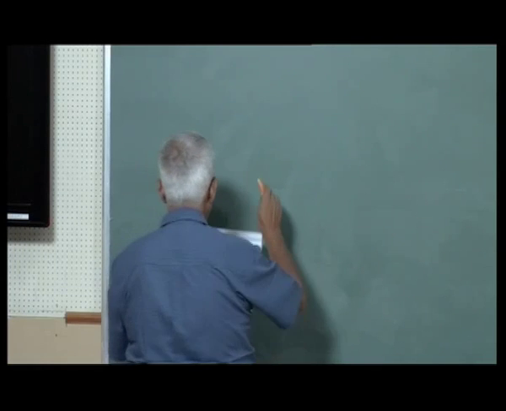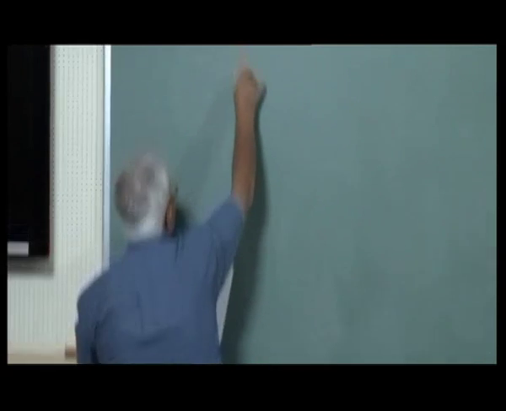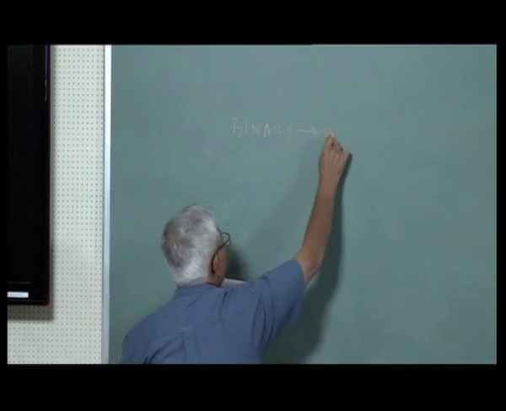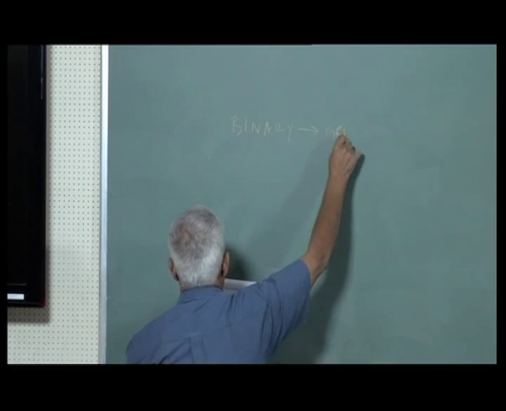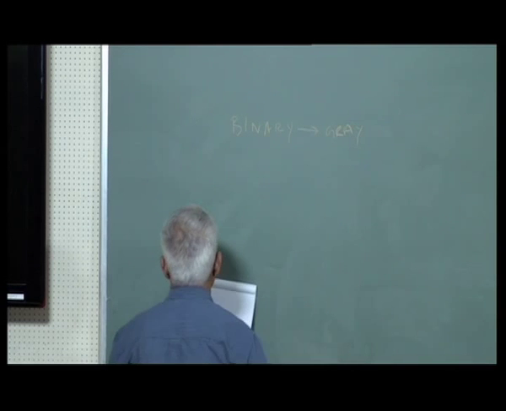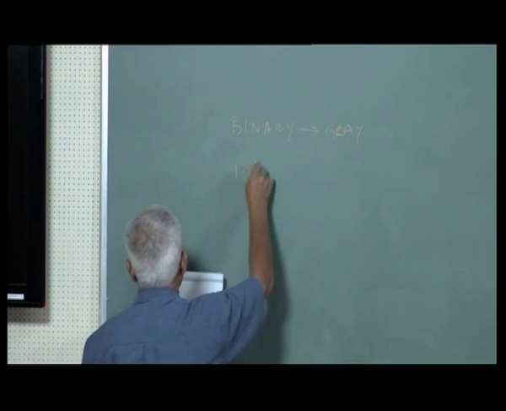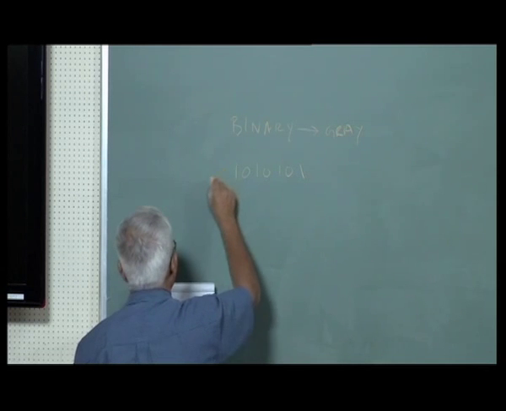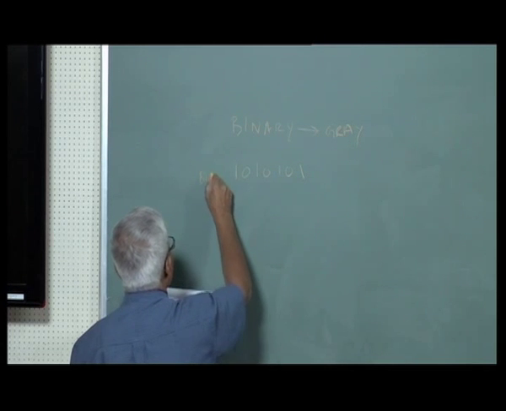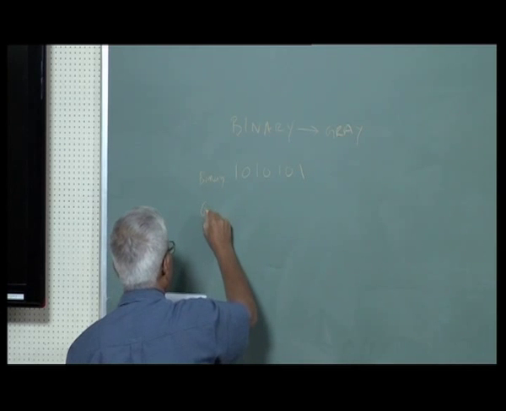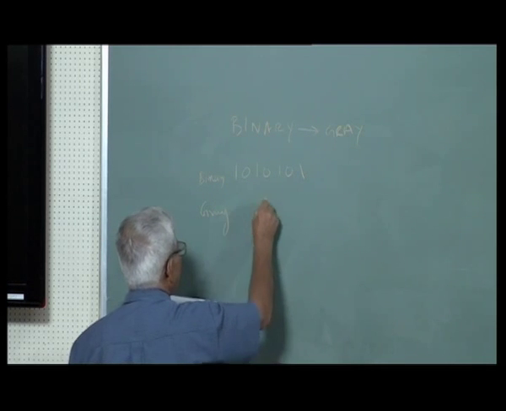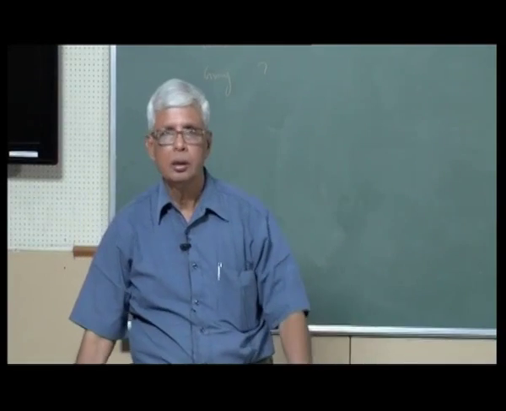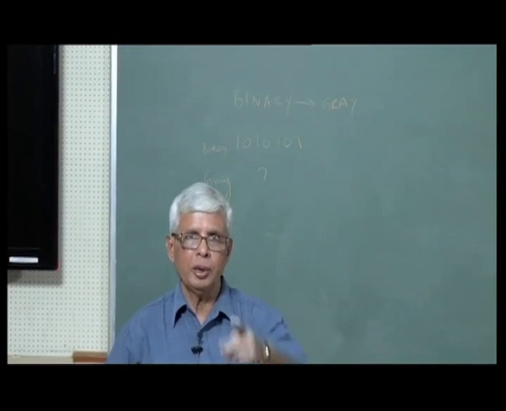I have 1 0 1 0 1 0 1 in binary. What will be the gray code? Can someone tell me quickly? Yes. Unmute please this person.